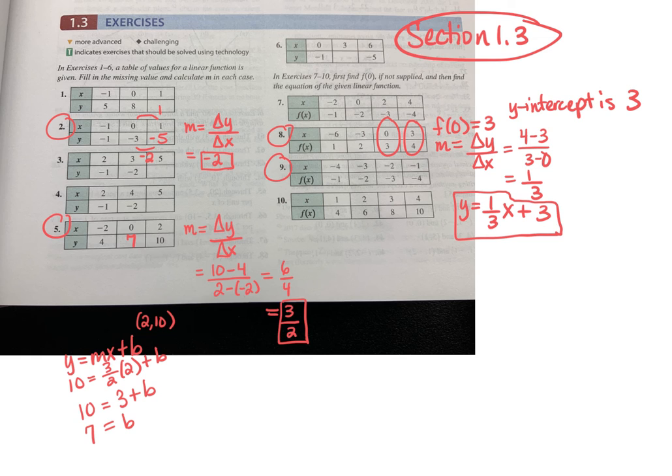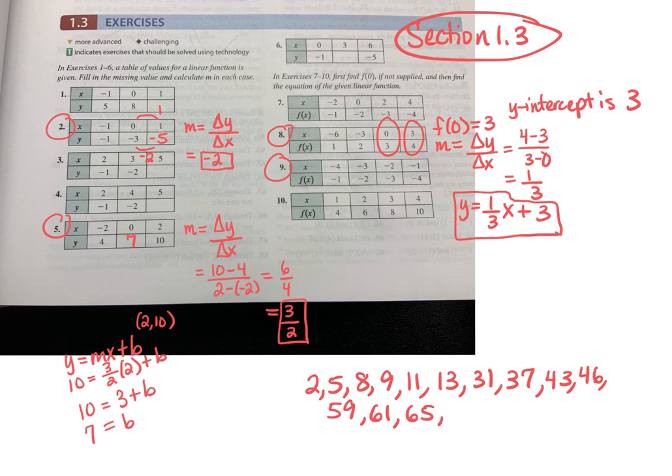All of the problems assigned from 1.3 were numbers 2, 5, 8, 9, 11, 13, 31, 37, 43, 46, 59, 61, 65, 81, 83, and 87. Were there any problems that you had questions about here?